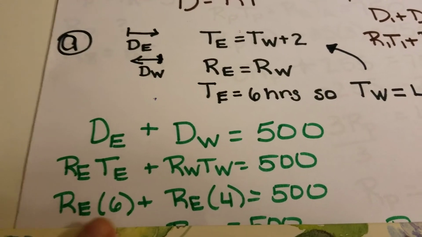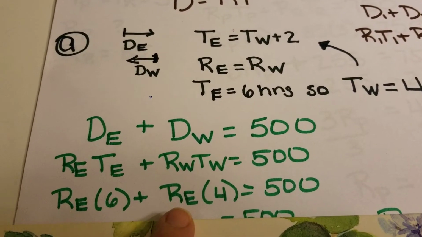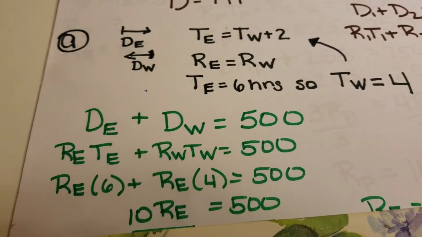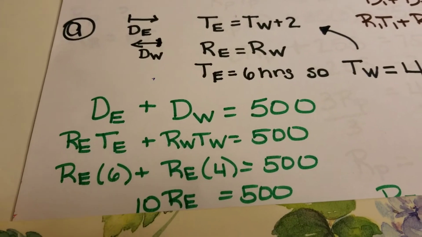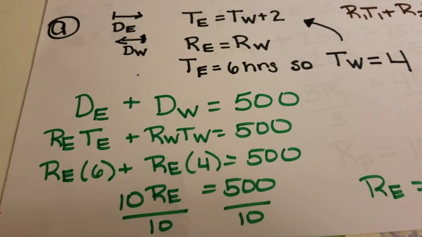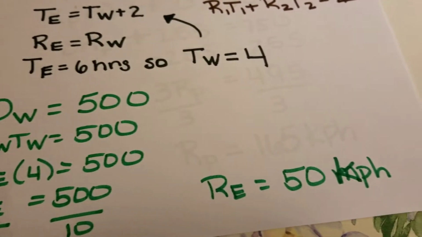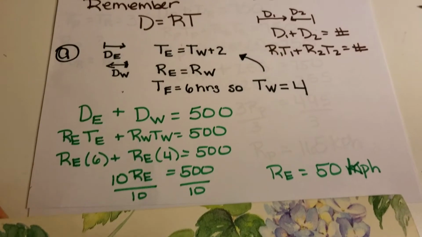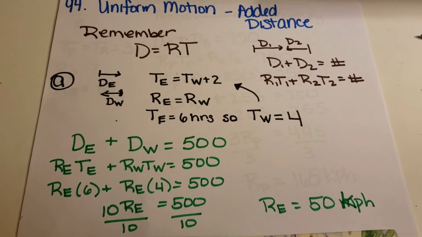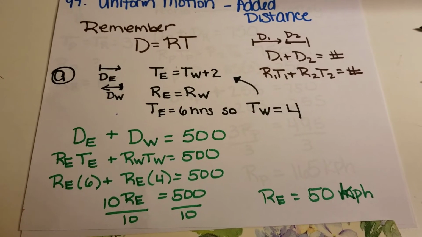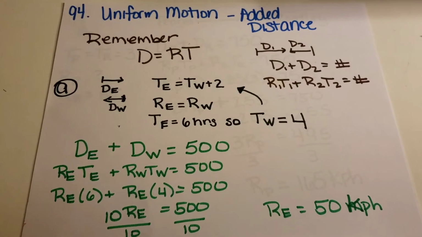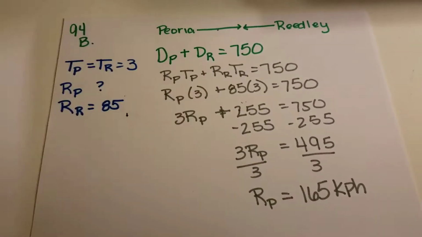So I have RE times 6 plus RE times 4 equals 500. I substitute the times in also. So I have 10 RE is equal to 500. Divide both sides by 10. RE is equal to 50 kilometers per hour. So there's an overview. Make sure that you have this in your notes so that you can reference it as you're doing these problems. Okay, next example.